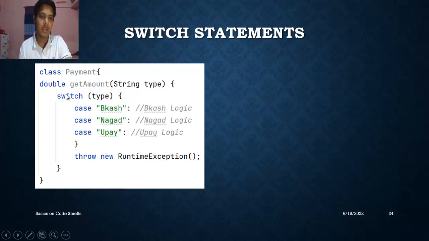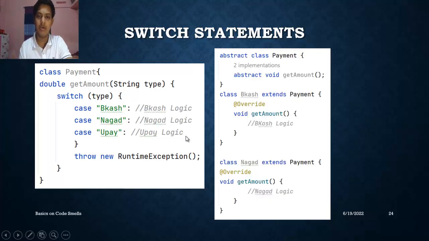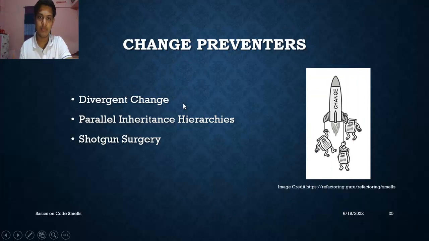For example, in the switch method, we have cases Bikash, Nagad and Upay, and we use the Bikash logic, Nagad logic and Upay logic. But we can make our code more maintainable if we create a class called Payment which has an abstract method called getAmount. Bikash and Nagad extend it and implement it in their own classes, and whenever the switch case Bikash appears, the Bikash object will be called.